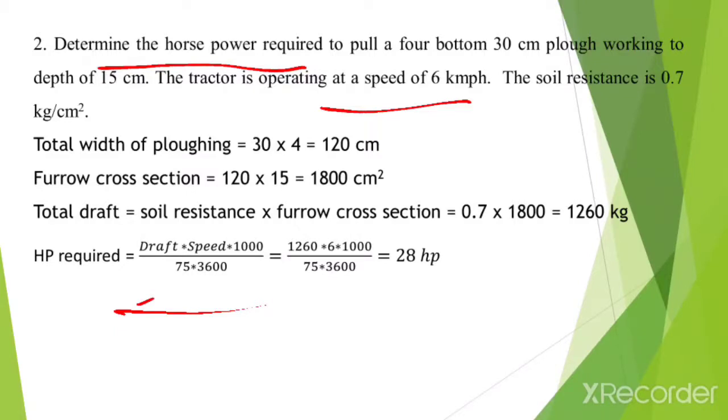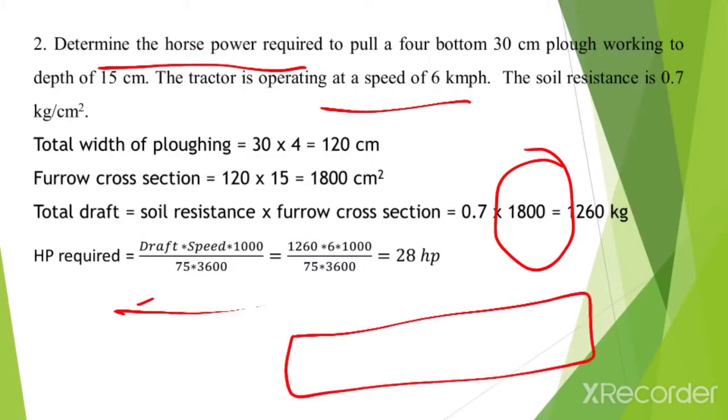The formula for total draft is equal to soil resistance into furrow cross section. And furrow cross section here is 1800. How is it calculated? By multiplication of depth and width of the plow. Here the width of one bottom is given, that is 30 centimeter.